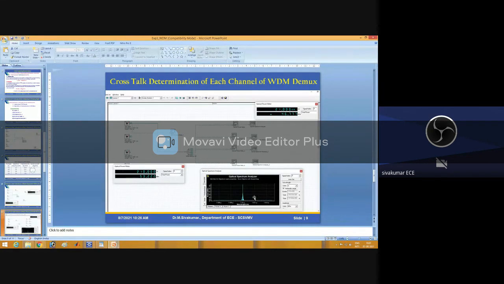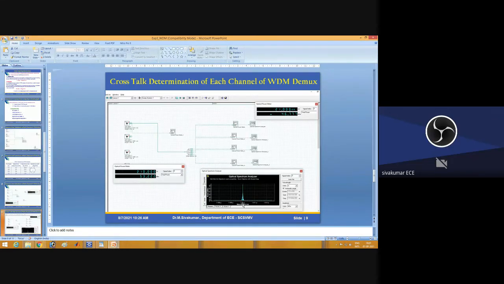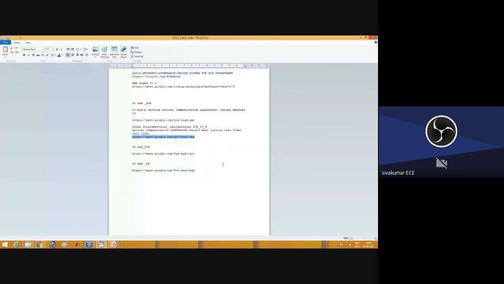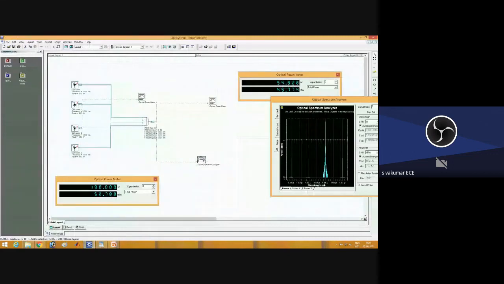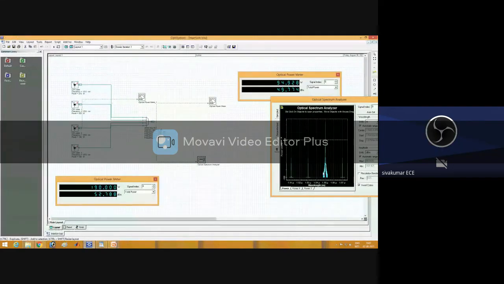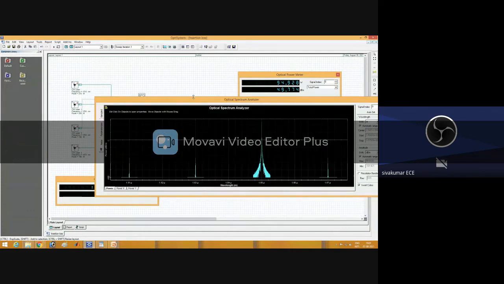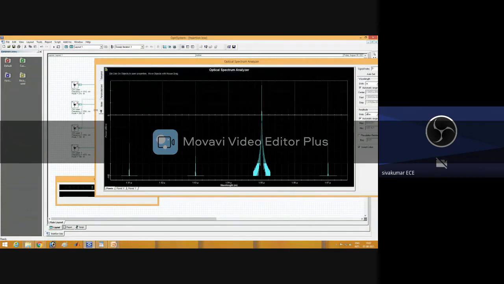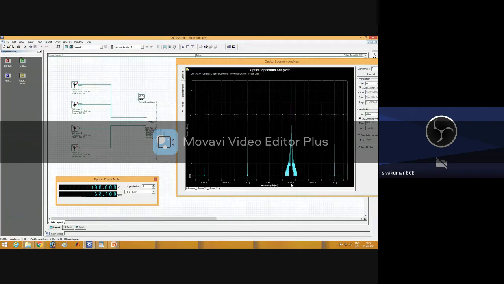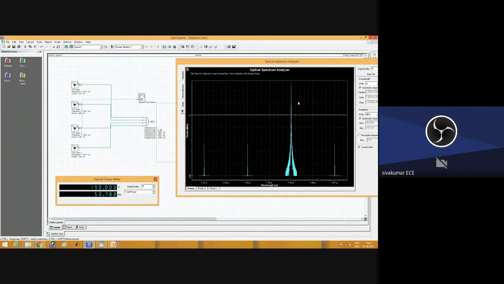Here the optical spectrum output is showing a 1.5 micrometer wavelength. If I select the second one, it is 1550. In this manner, you are getting the spectrum. Here you can see the 1550 wavelength it shows.